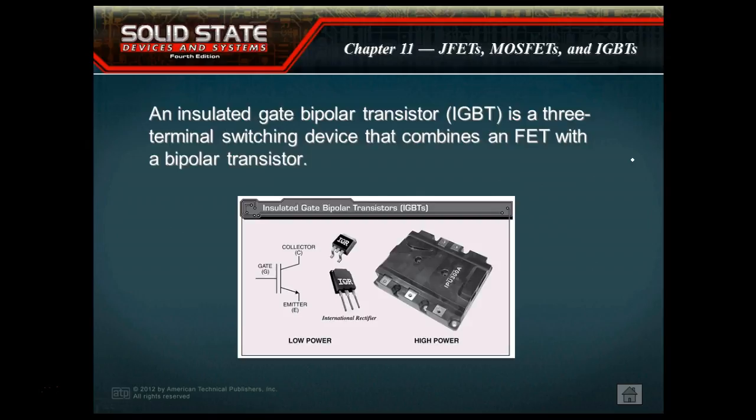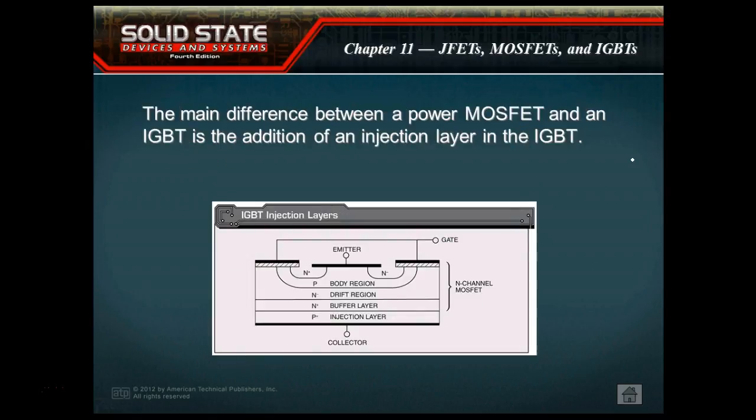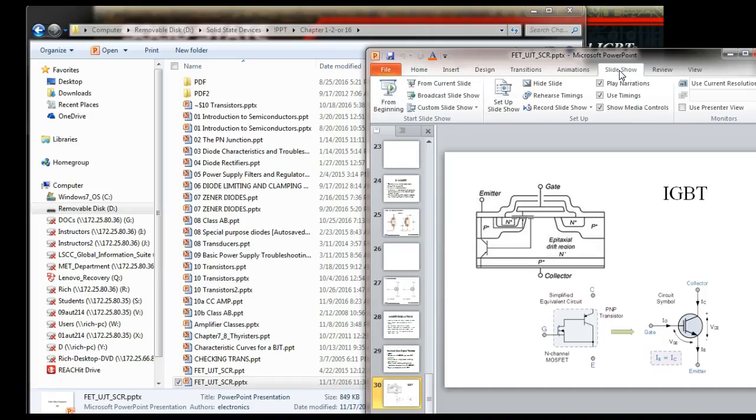So they came up with an insulated gate bipolar transistor, which is basically a combination: it has a MOS transistor as the input, and then a bipolar transistor as the output. So we got a MOS transistor feeding a bipolar transistor. I'm going to pause this and bring up my other slide. Be right back. So this is the other slide.